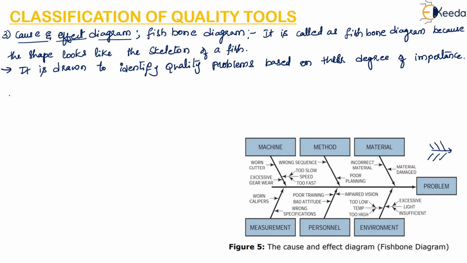This diagram is a problem solving tool that will investigate and analyze systematically all the potential and the real causes that result in a single effect. What does it do?